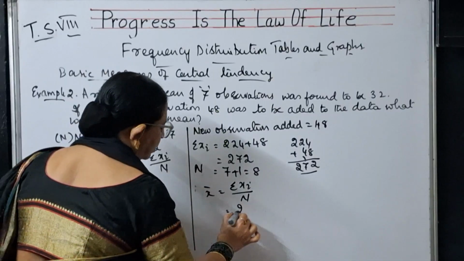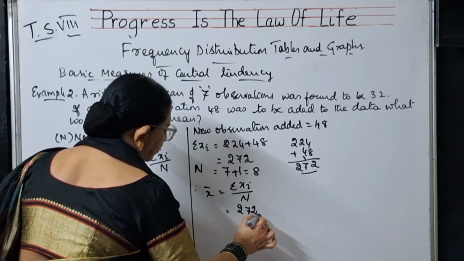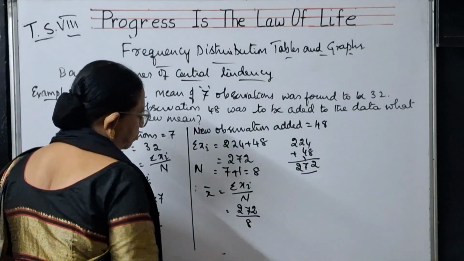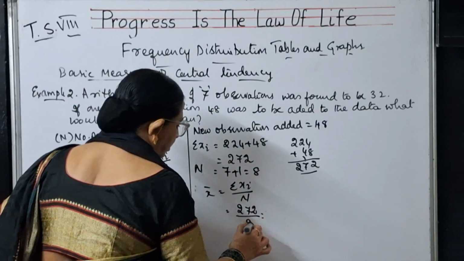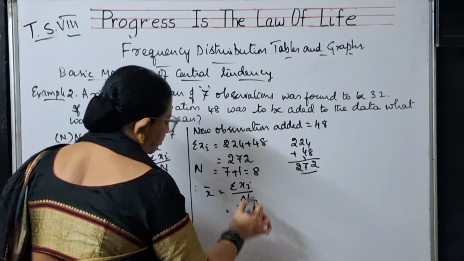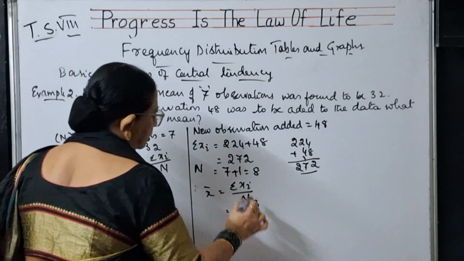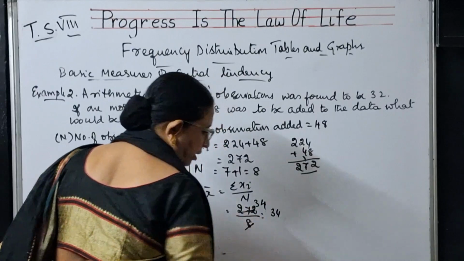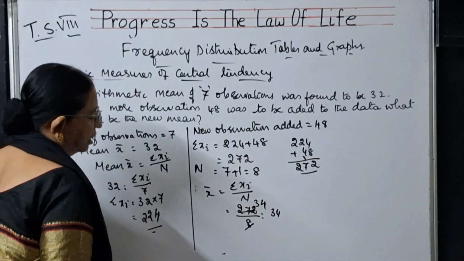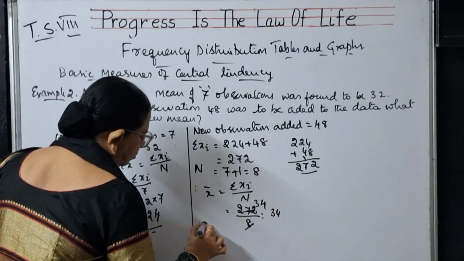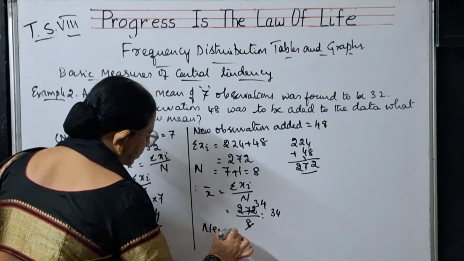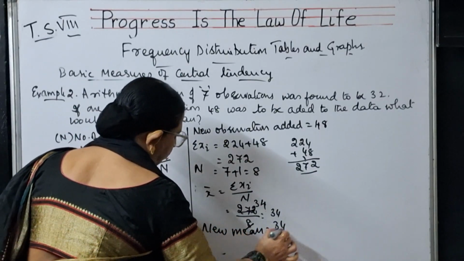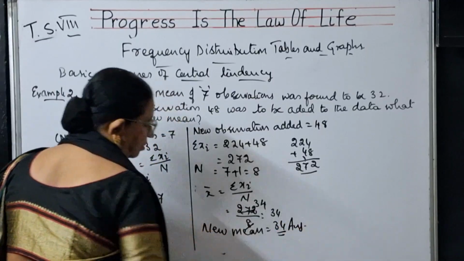What is sigma xi? 272 by 8. 8 threes are 24, 8 fours are 32. So you are getting its value as 34. So what is the new mean? New mean is equal to 34 is the answer, children.